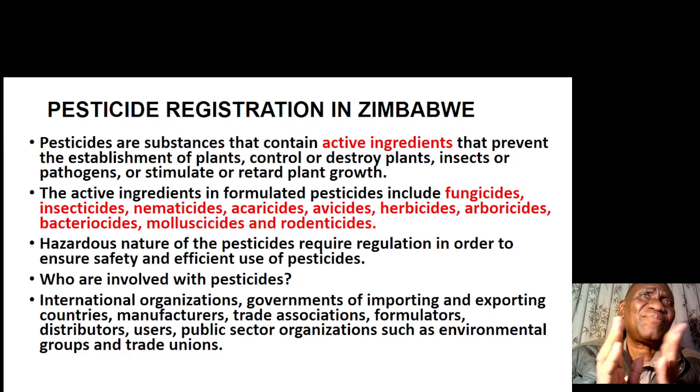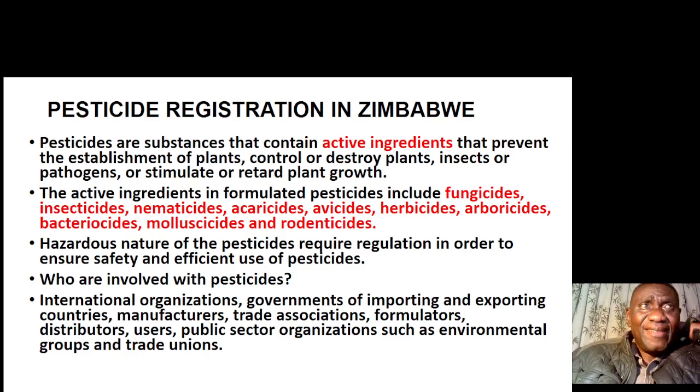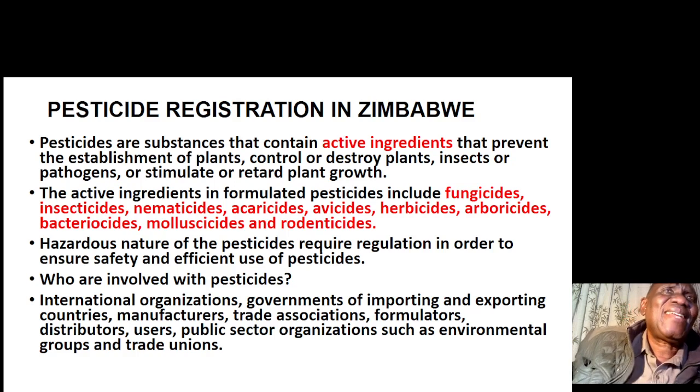For example, we could have fungicides, insecticides, nematicides, acaricides, avicides, herbicides, abolicides, bactericides, molluscicides, and rodenticides. In fact, from the classifications, you can tell what sort of pest is likely to be affected or controlled by these pesticides.